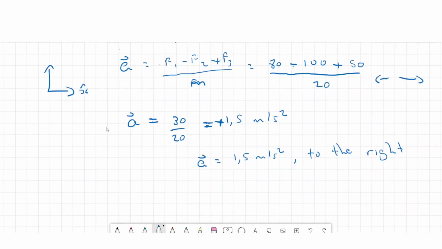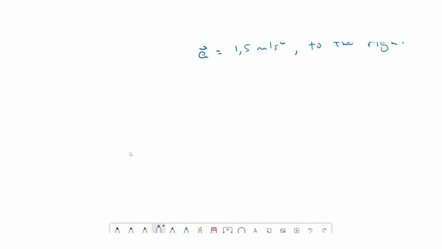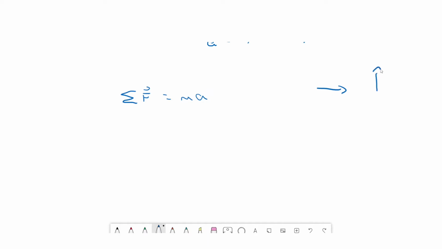Now, let us look at the case whereby I have the x direction and the y direction. According to Newton's law, the sum of all the forces is going to be equal to ma. Now here's the thing. If a force can be in the right direction, you can also have a force that is going up. You can also have a force going at an angle theta.